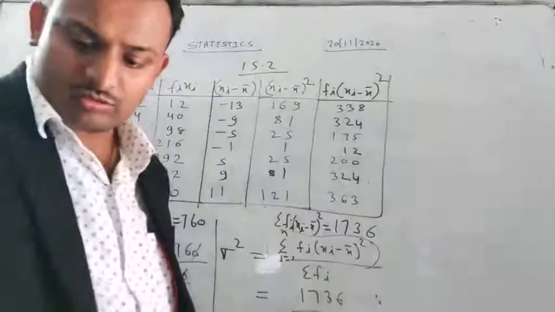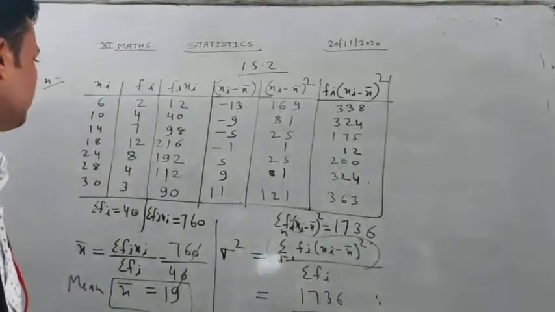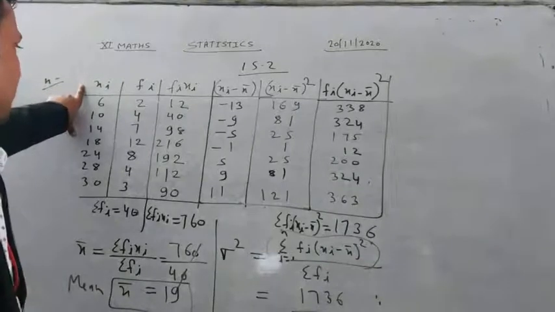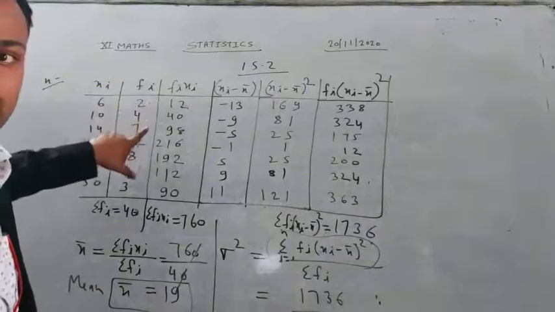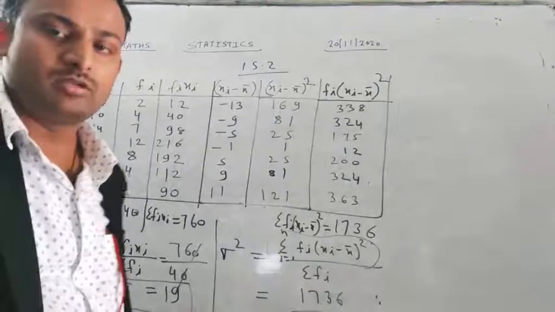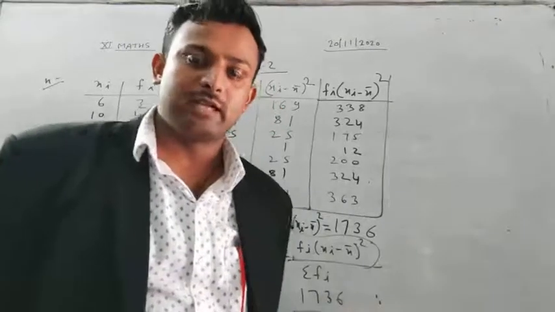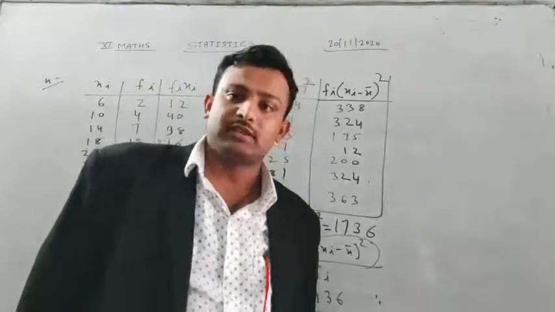Okay, so finally what we have done: we were given the data in the form of xi and fi, and we have to find the mean and variance of the given data. So first we have two options for applying the formula.